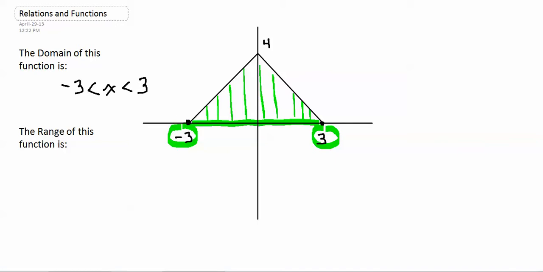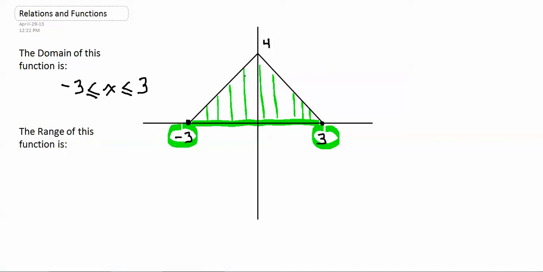Because these two dots are shaded, it's not just greater than or less than, but -3 is less than or equal to x, that's what that extra line means, and x is less than or equal to 3. Now this is one way of writing this.